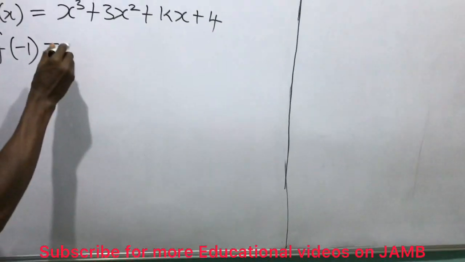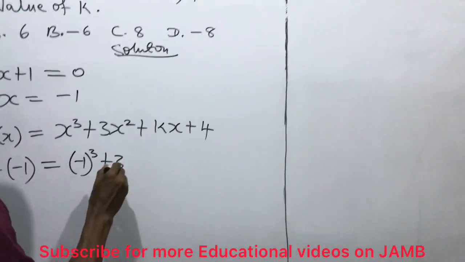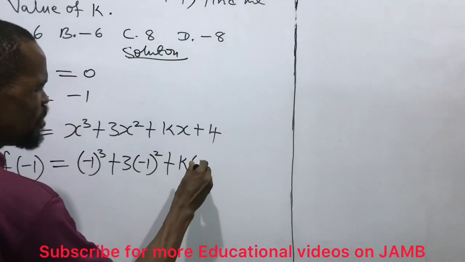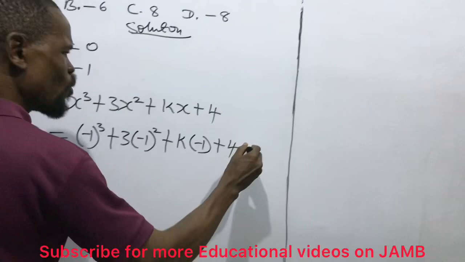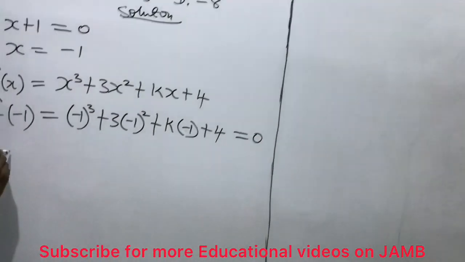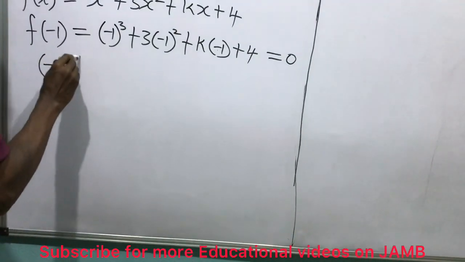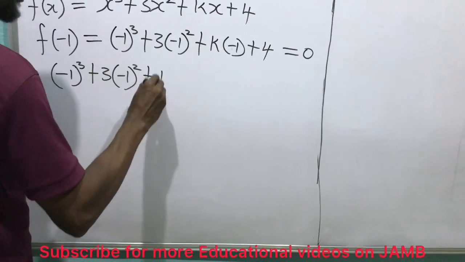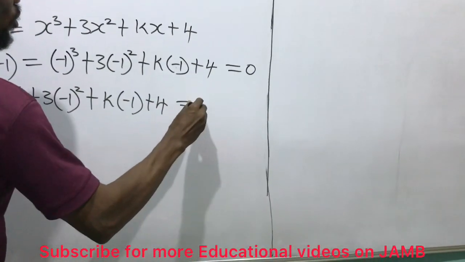This will be minus 1 all raised to power 3 plus 3 into minus 1 raised to power 2 plus k into minus 1 plus 4, and it is equal to 0.